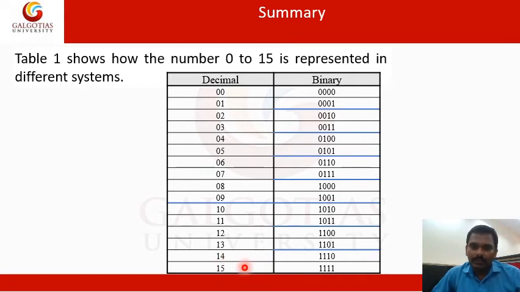This can be converted by using the process discussed. And if we know the position value and the base, we can easily convert a binary number to a decimal, or vice versa.